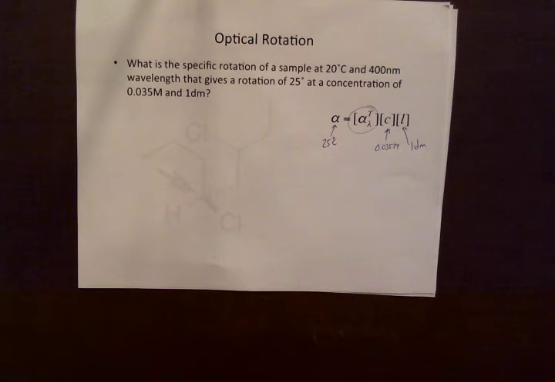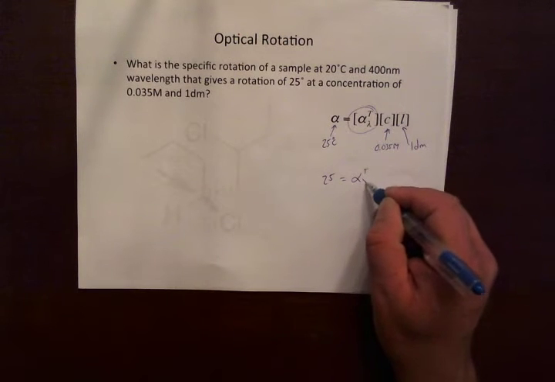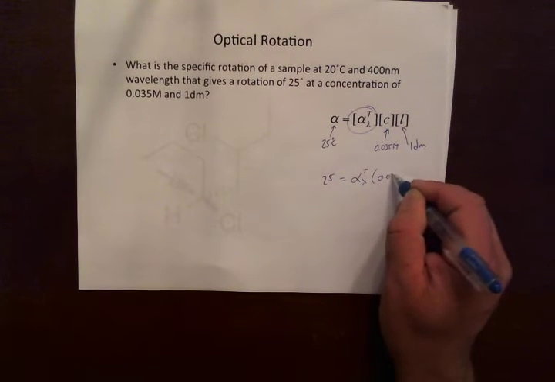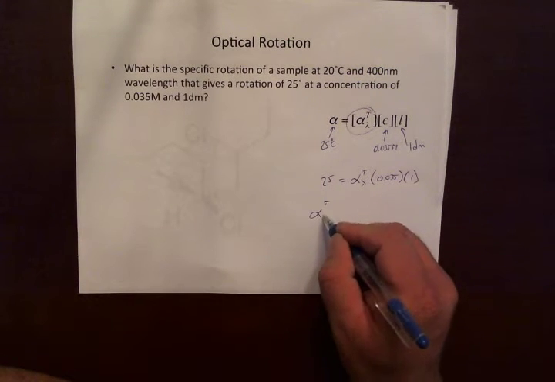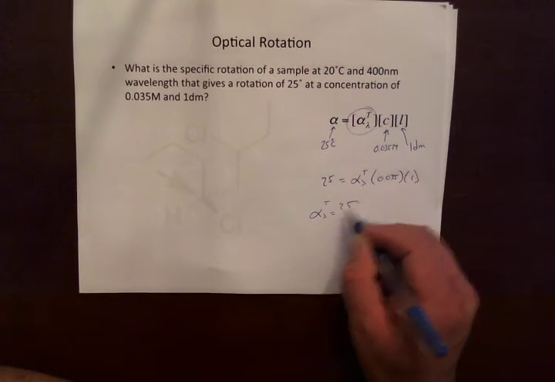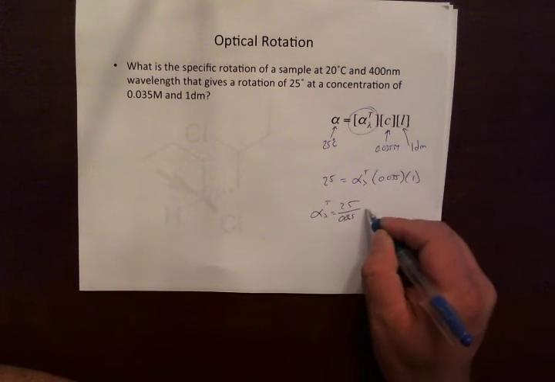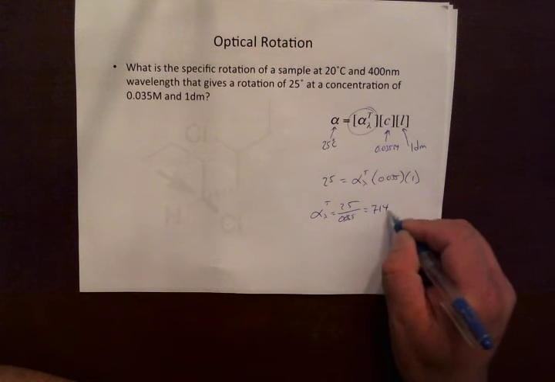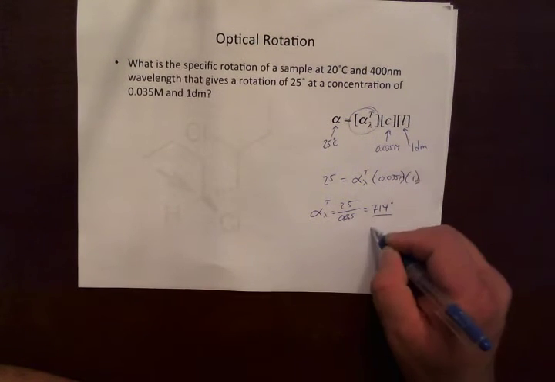So it ends up being 25 equals the specific rotation times 0.035 times 1. So your specific rotation ends up being 25 over 0.035, which I believe is 714 degrees per molar per decimeter.